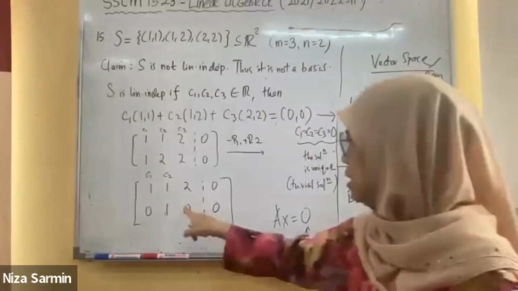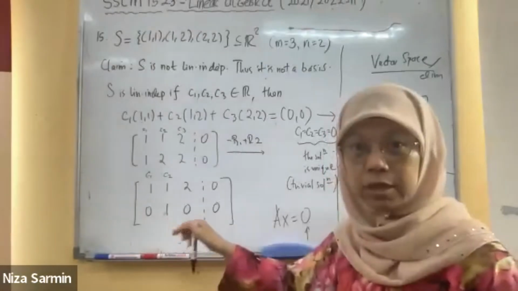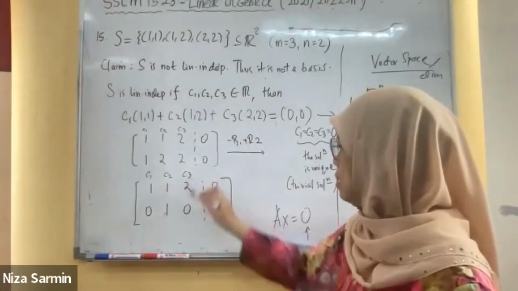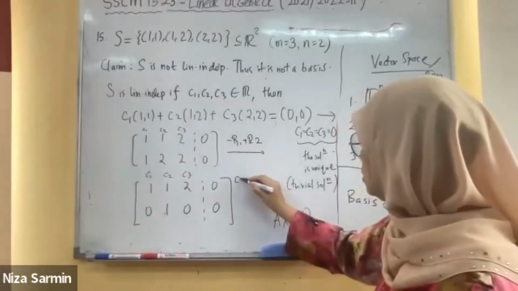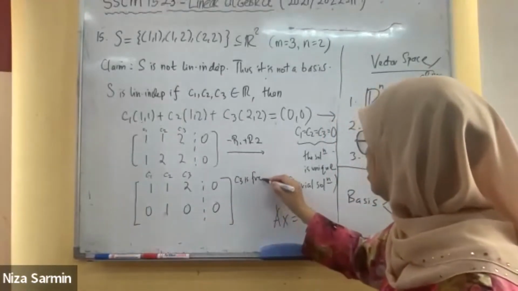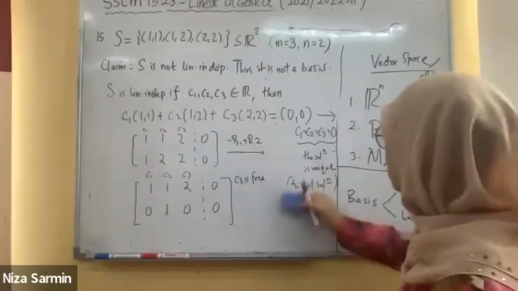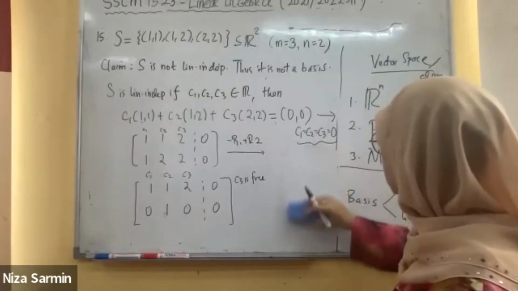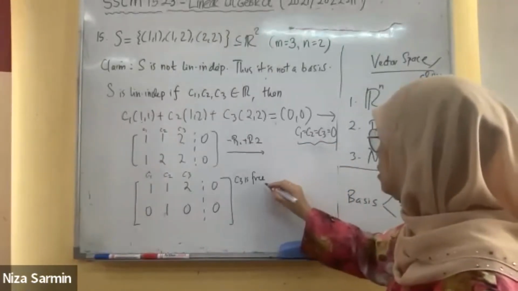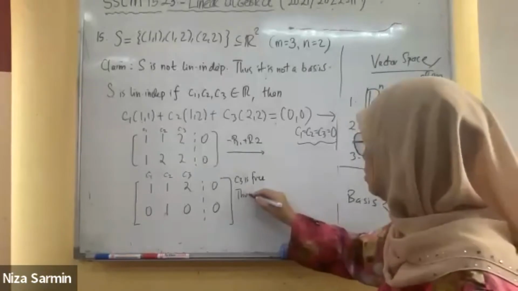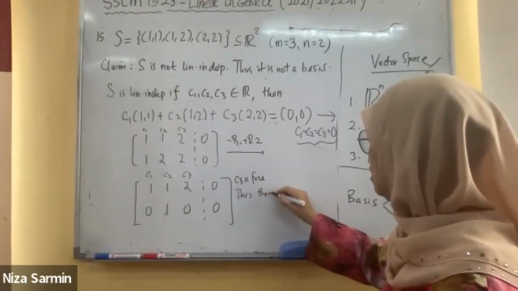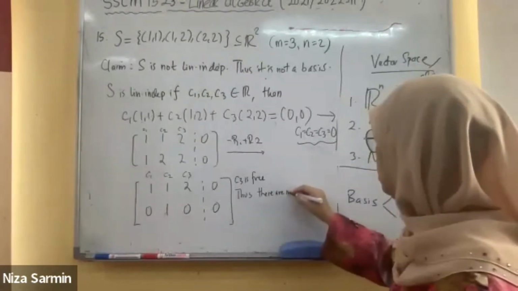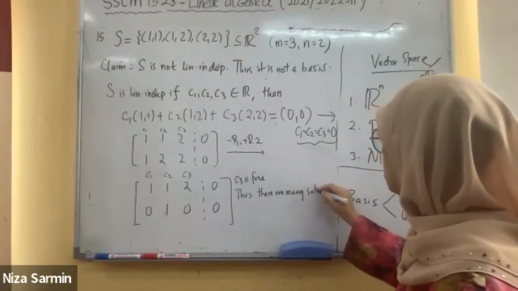So in this case, there is a free variable. There is no C3 pivot, not enough for C3. C3 is free. What does it mean if there is a free variable? Thus, there are many solutions.